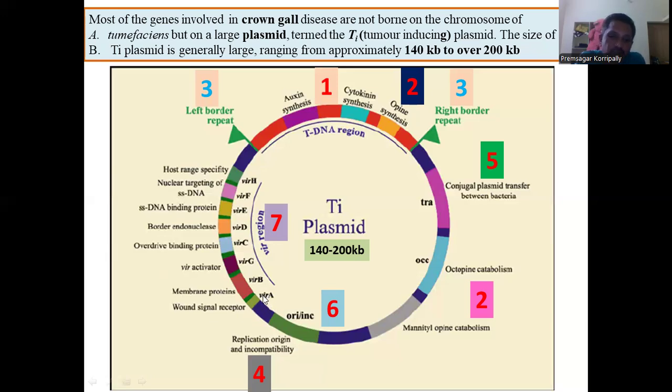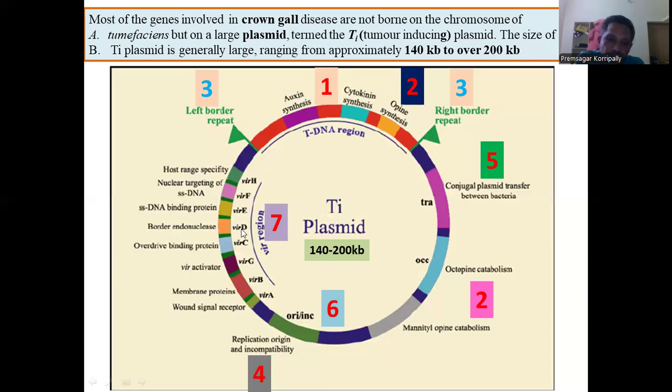This acts as a receptor, and VirG will bind to VirA and be activated by VirA. VirG is translocated to the nucleus and upregulates the other Vir genes.